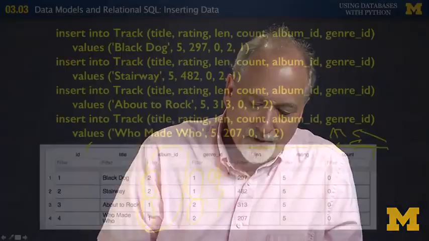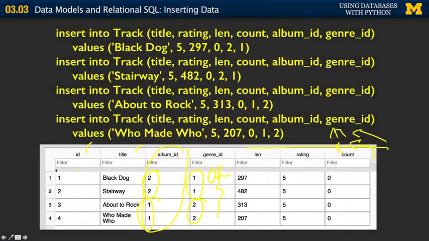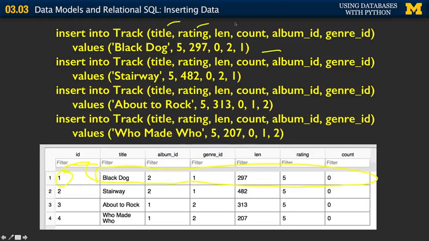So these are okay. And so then what you're going to do is take each of these rows that you know. Clear. Take each of these rows, and you know most of the data. We're going to put in the title, the album ID, the length, the rating, the count, put all those things in explicitly. This comes automatically. Title, rating, length, count, album ID, genre ID.